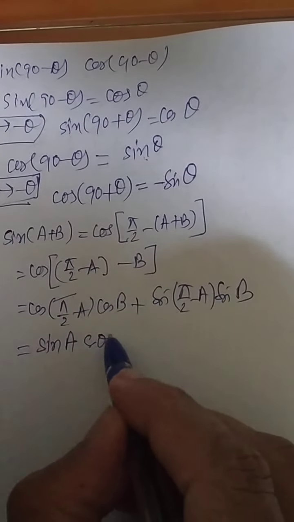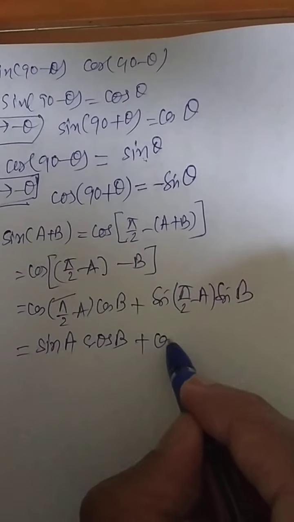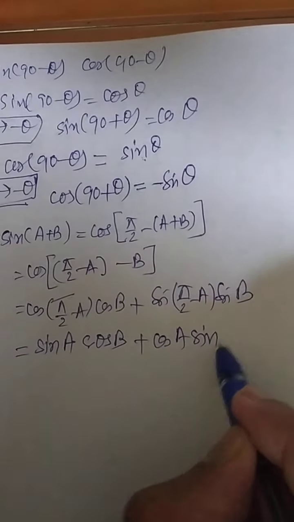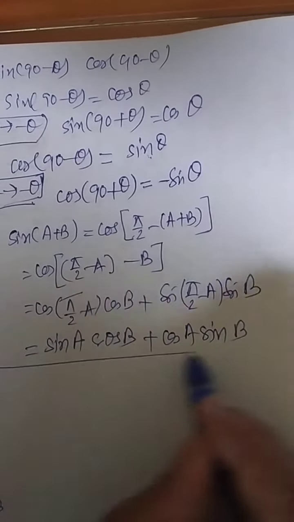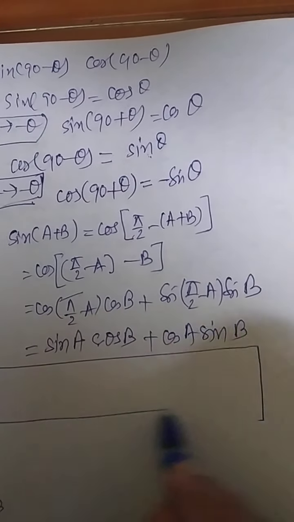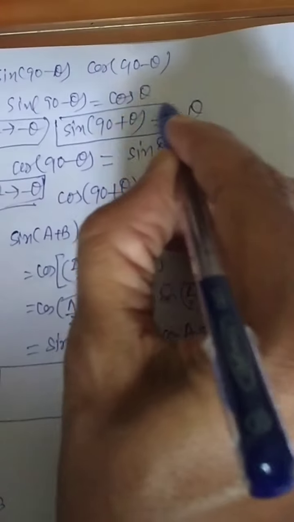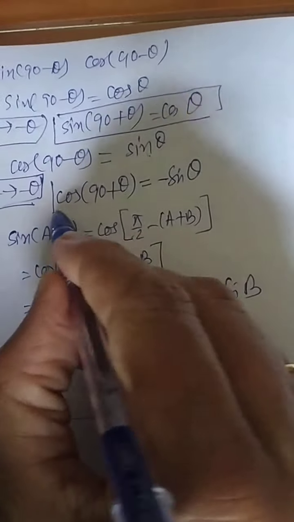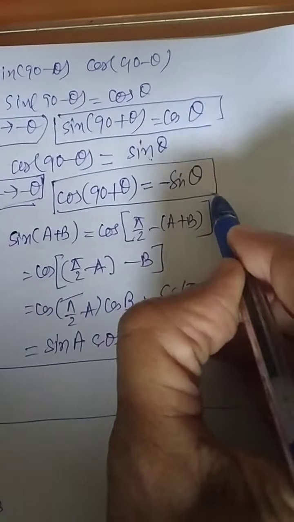Over here cos b, this is cos a, this is sin b. This is another remark. Whatever I am writing in a rectangular box, all are the new remarks which you should keep in mind. We have put this in tabular form.